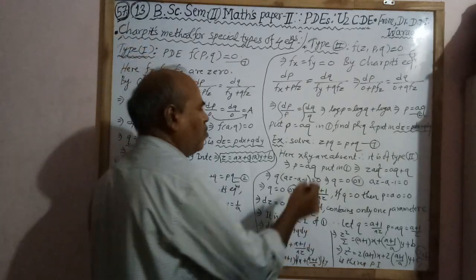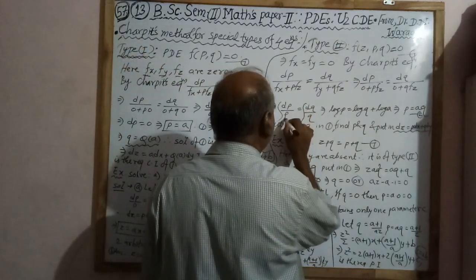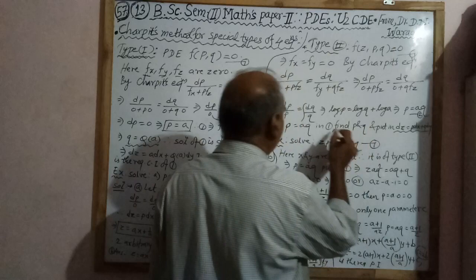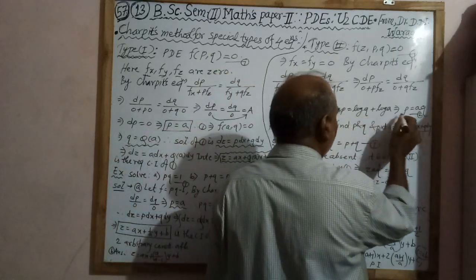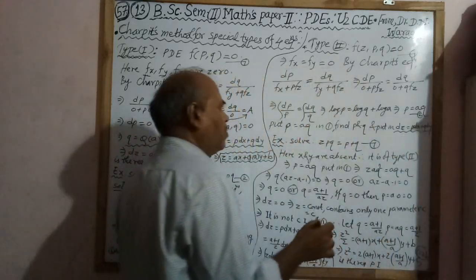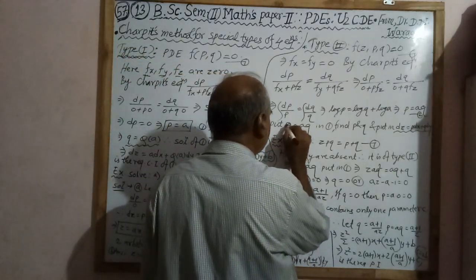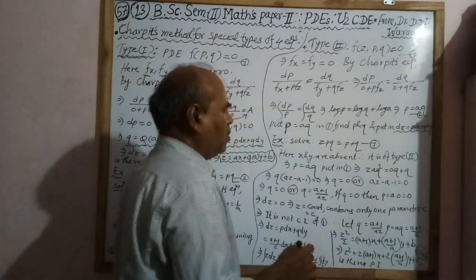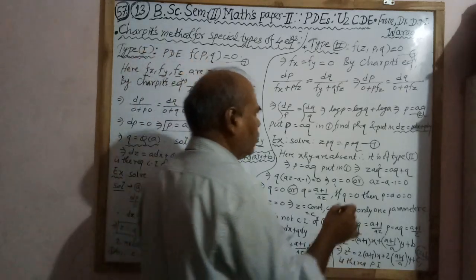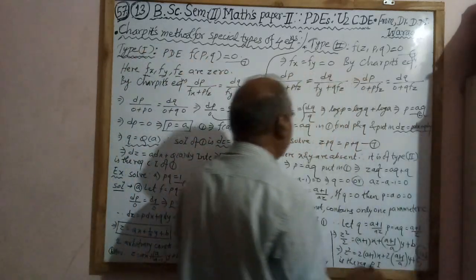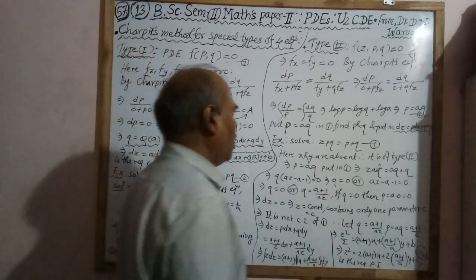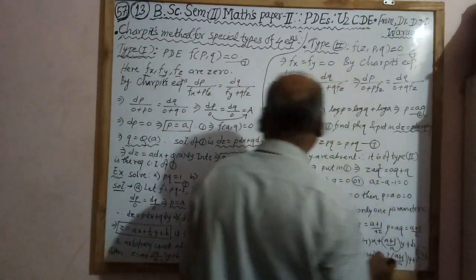Cancelling fz from both sides, dp by p equal to dq by q, integrating we have log of p equal to log of q plus log of a. Now from this we find p equal to aq. Put this value p equal to aq in the given equation and find p and q, and put in the equation dz equal to p dx plus q dy and integrate to get the solution.